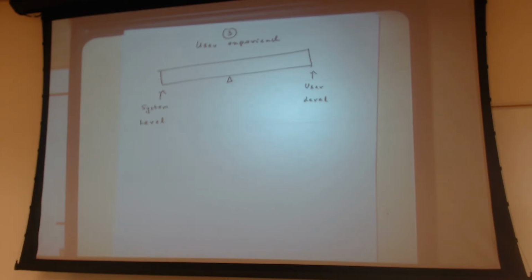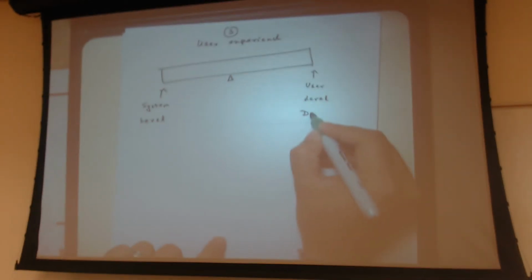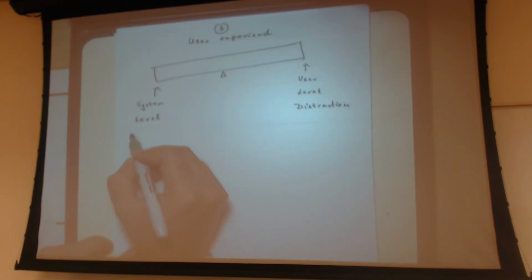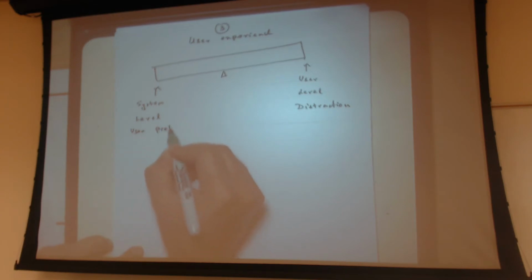On the other hand, user level adaptation is also not good user experience because it causes distraction. You ask 1,000 questions to the user, it will cause distraction. So this is distraction, and system level adaptation is user preference agnostic.